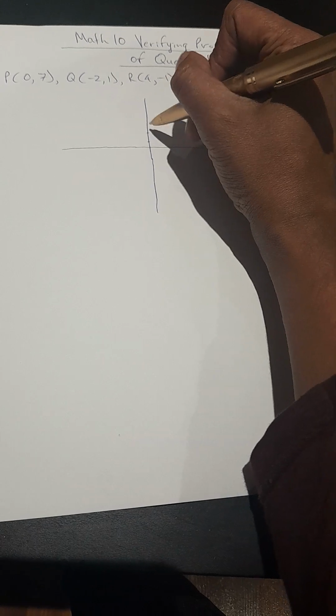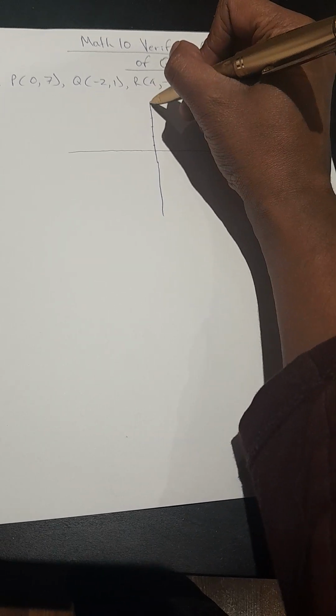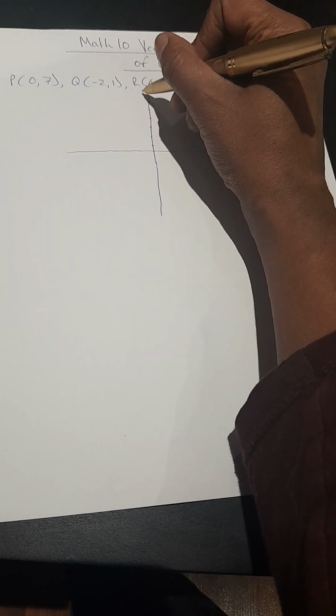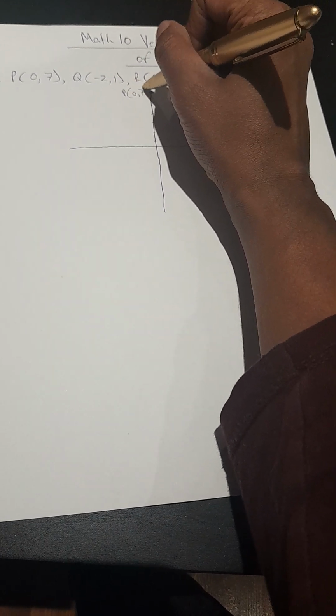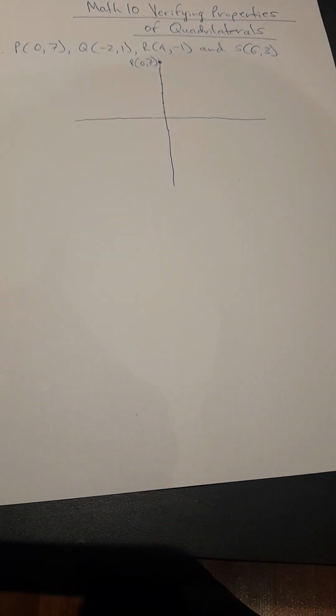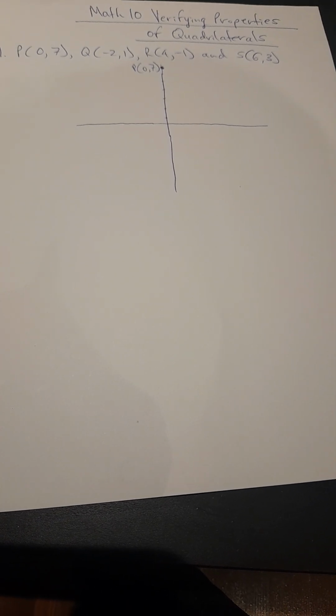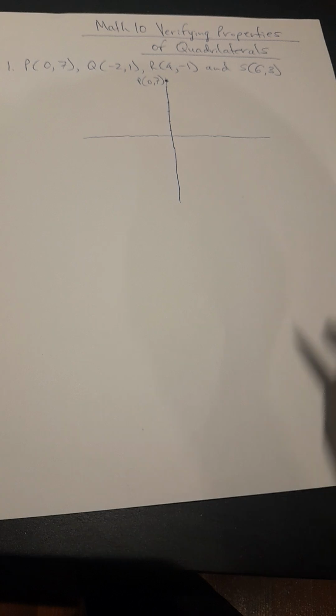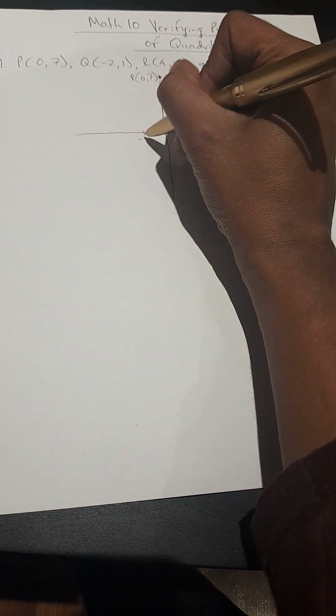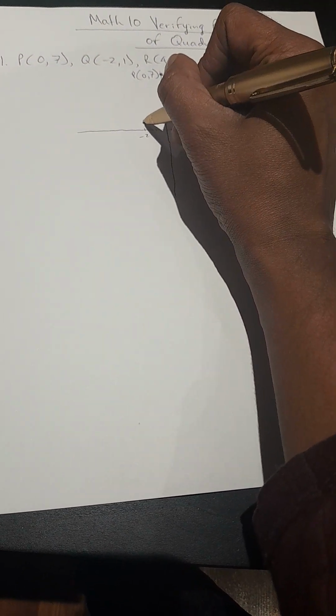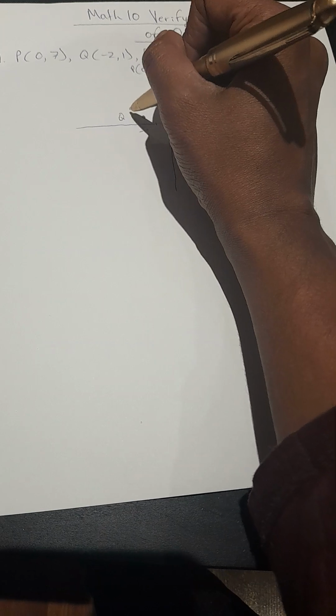So (0, 7). Okay, so this is going to be point P here. Remember again, the first coordinate is the x value, and the second coordinate is the y value. Q is -2 and +1, so Q is going to be right here.